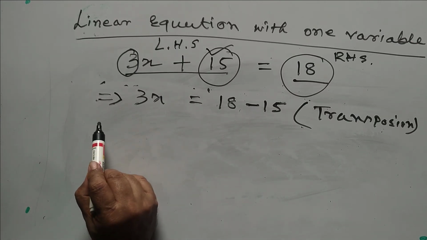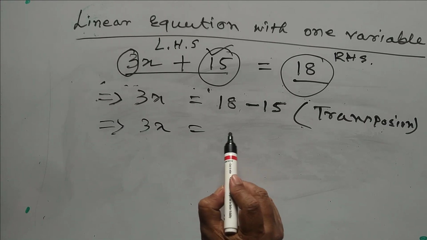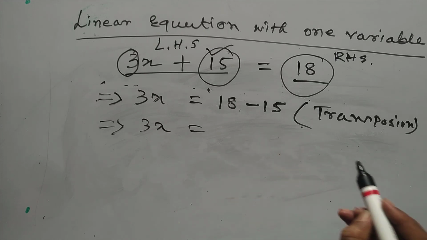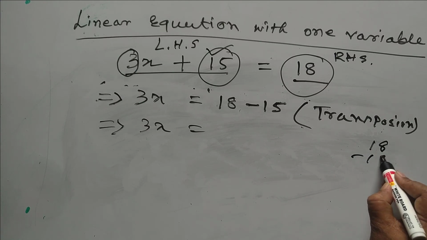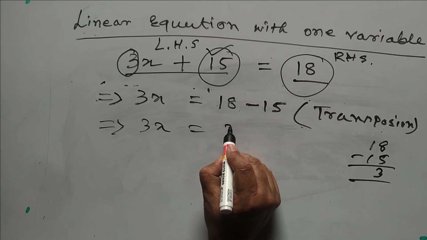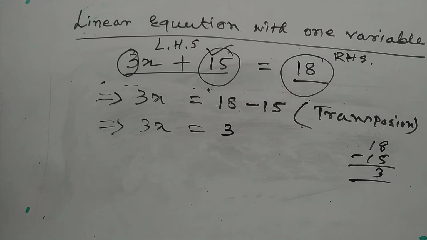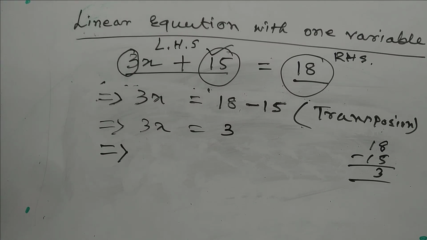Okay, now 3x equals 18 minus 15, which is 3. Now I have to remove 3 from here. I have to find the value of x.